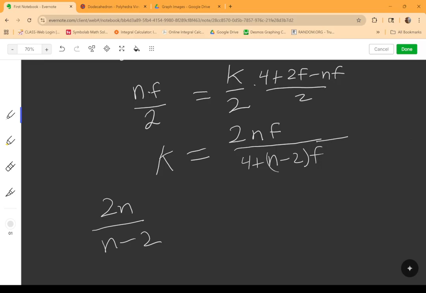And we see that it would be impossible for k to be greater than 6. So here, if we say n is 6, that's 12 over 4, so that's 3, right? So that's not going to work out for us here, since we need it to be of size n.